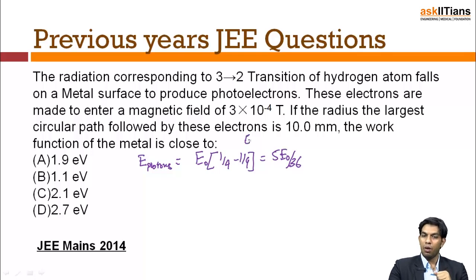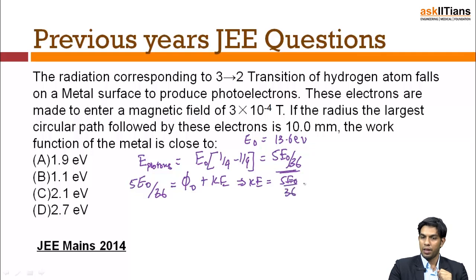Now the photons of this much energy are made to fall on the metal surface. So 5 E naught divided by 36 is equal to the work function which we are striving for, plus the kinetic energy of the electrons. This implies the kinetic energy of the electrons is 5 E naught divided by 36 minus phi naught.